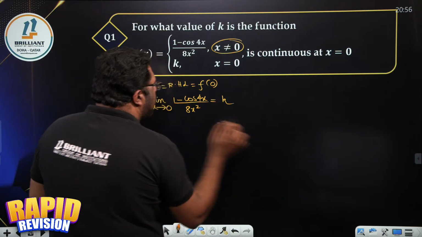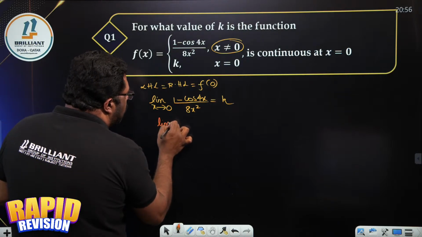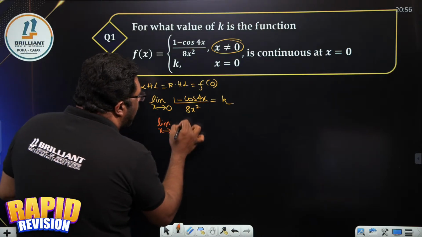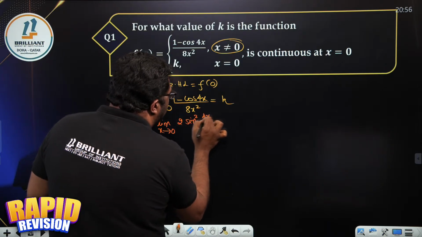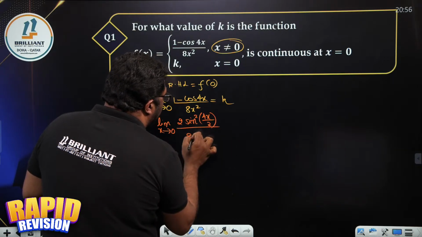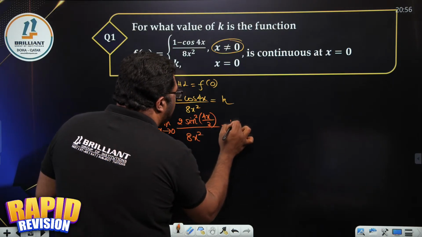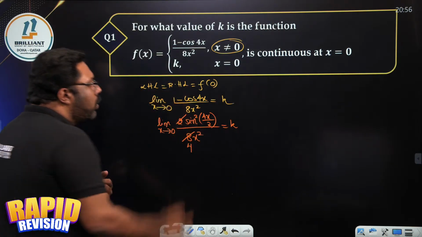1 minus cos x, formula is 2 sine squared x by 2, by 8x squared equal to k. 2 and 8, 4.